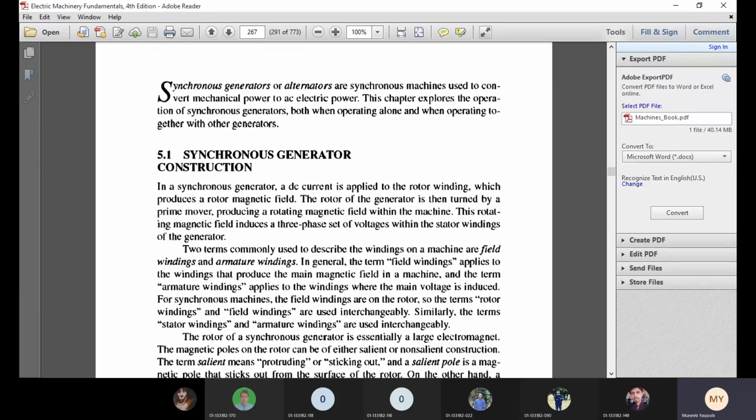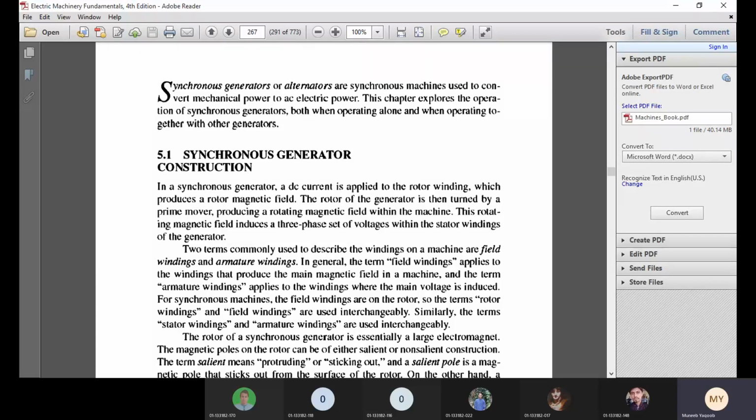First of all, I would like to revise the concept of the difference between a synchronous machine and an induction machine. Both are AC machines. Primarily, there are two types of AC machines. One is the synchronous machine, and the second is the induction machine.